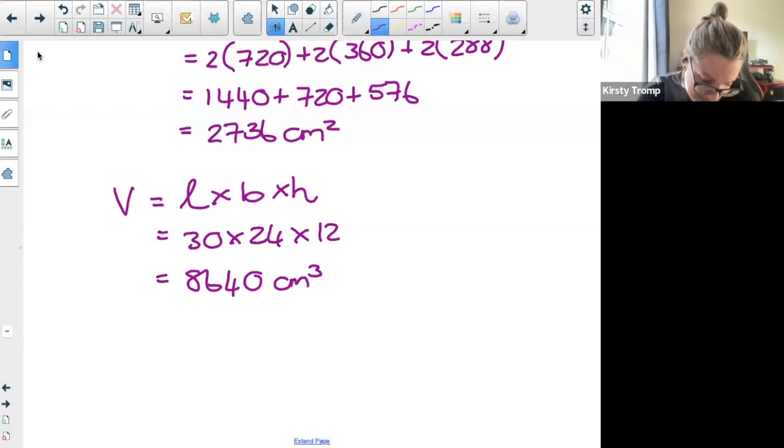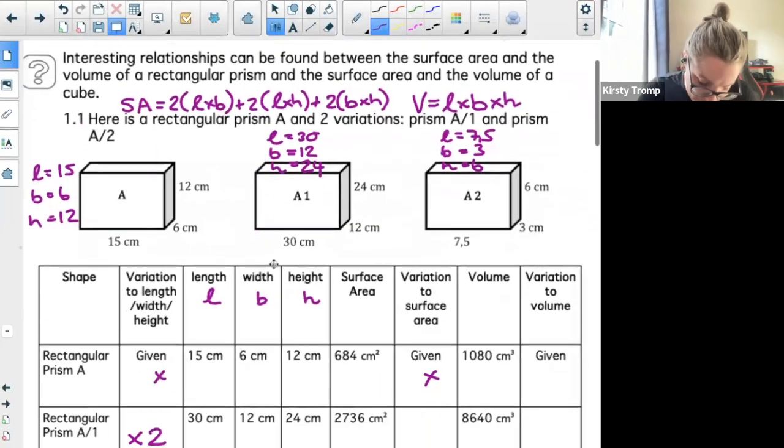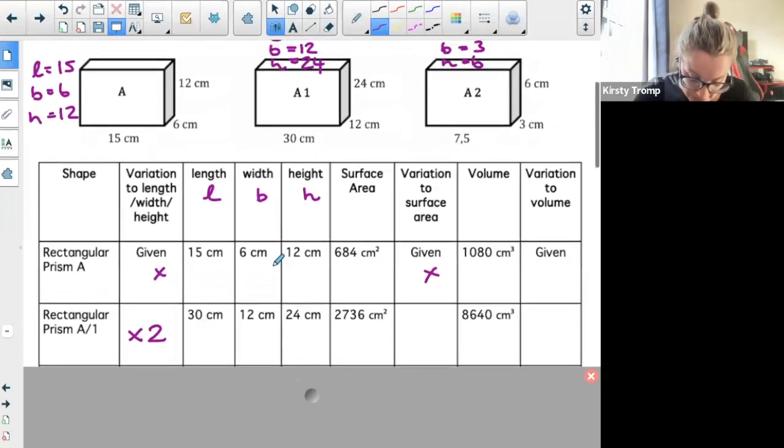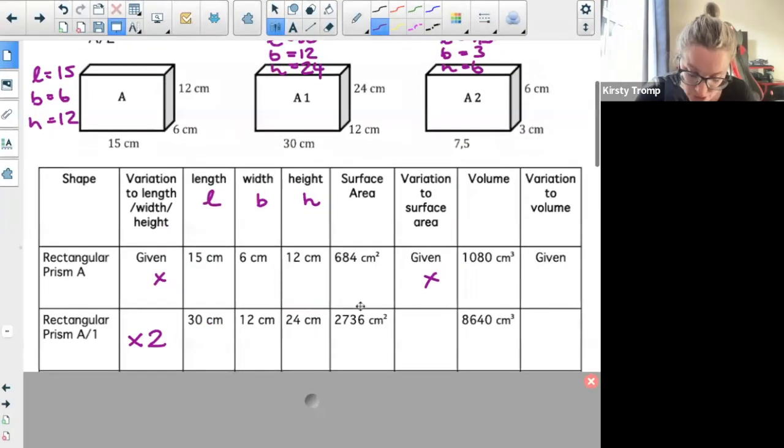Right, so let's go back here. What did we see before, when we were looking at the length and the breadth and the height, guys? We needed to times them by 2. But now we did the surface area.